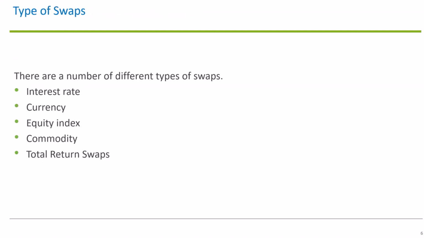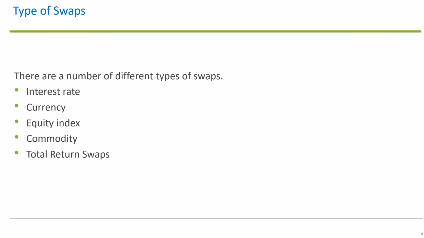Type of swaps. Now that we have a good overview of swap products, how it works, why do hedge funds trade in swaps, let's look at what are the different type of swaps available to trade in. Interest rate swaps, currency swaps, equity index swaps, commodity swaps, total return swaps.